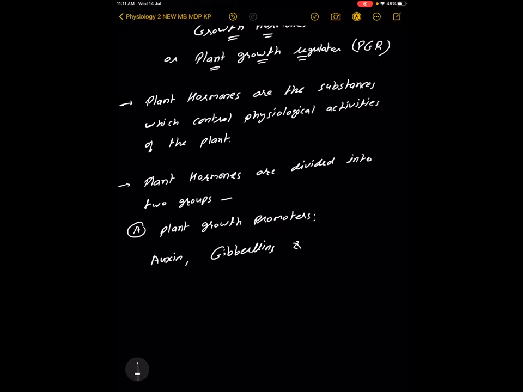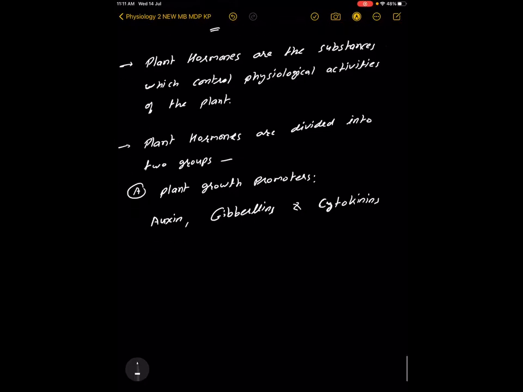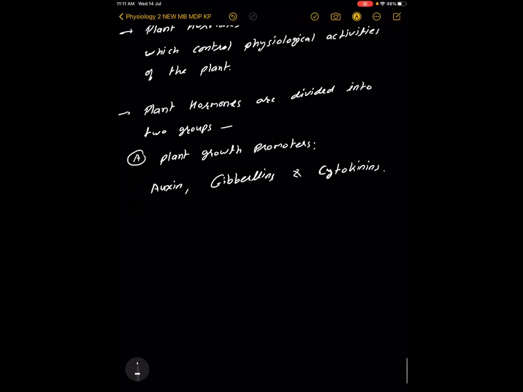So it is a different hormone. But auxin, gibberellin, and cytokinin always promote the action, promote the growth. So cytokinins, gibberellins, and the different auxins are growth promoters.